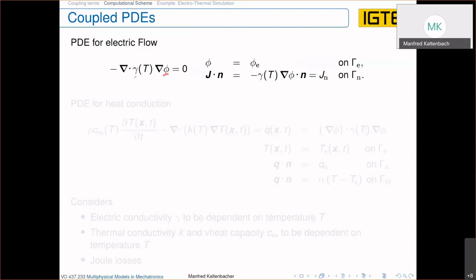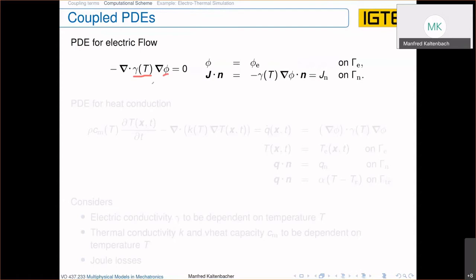We should not forget that we have here the electric conductivity, and that this divergence operator nabla with dot product is operating on the product, which means the electric conductivity times the gradient of the electric scalar potential.